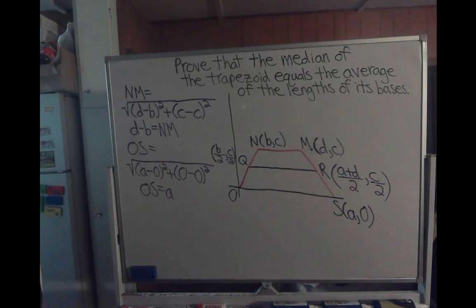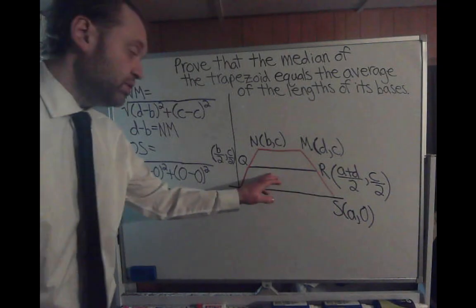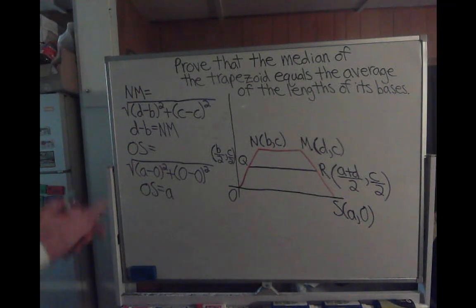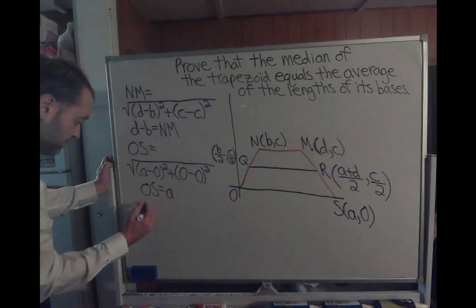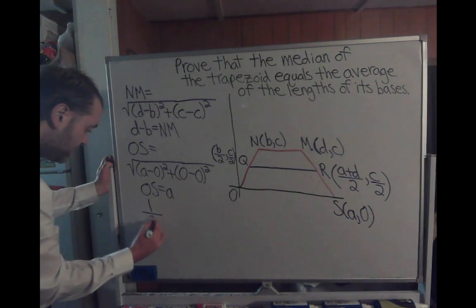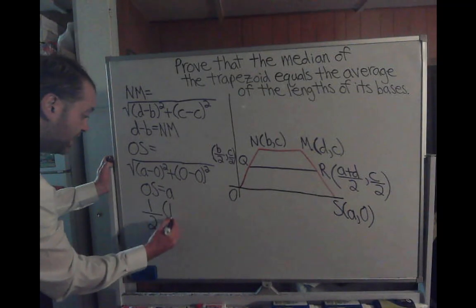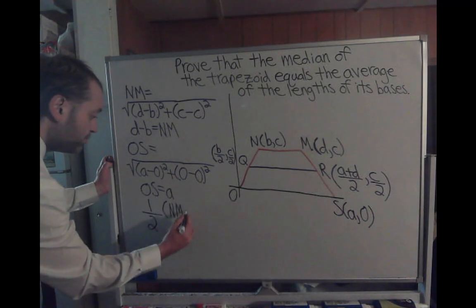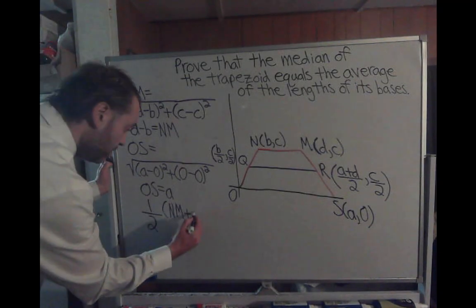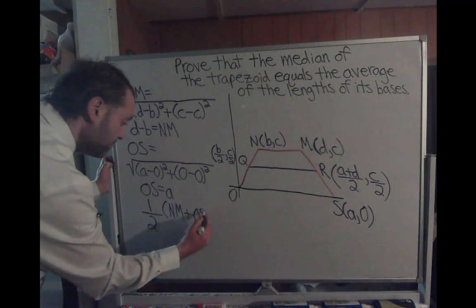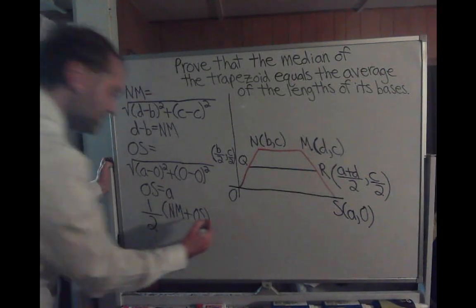Alright, before we go finding the length of QR, why don't we find the average of the sum of these two bases? So we will take half of NM plus OS, right? Half the sum of the two bases.